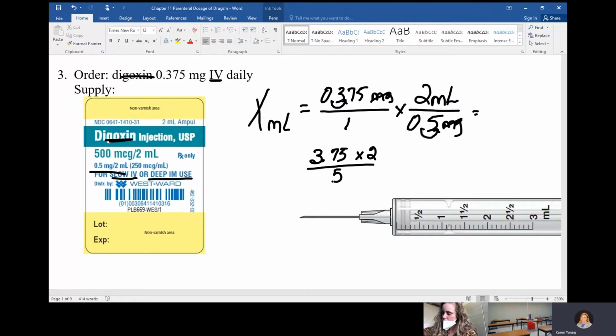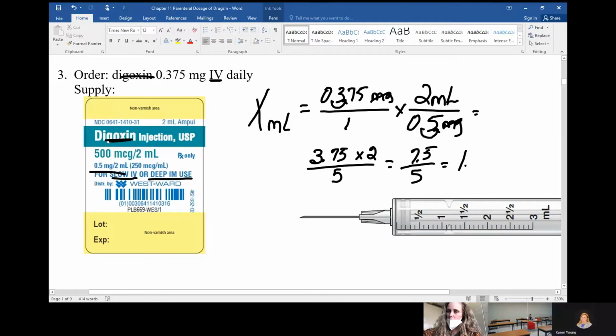I'm going to dig out my calculator. So I'm going to do 3.75 times 2. I get 7.5 divided by 5. And I get 1.5.